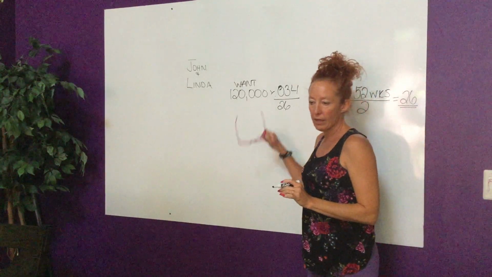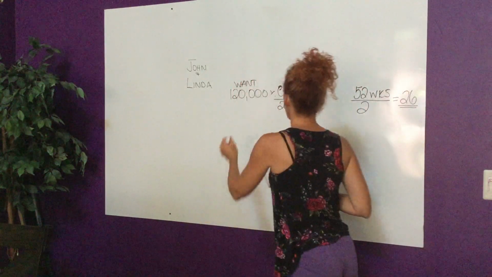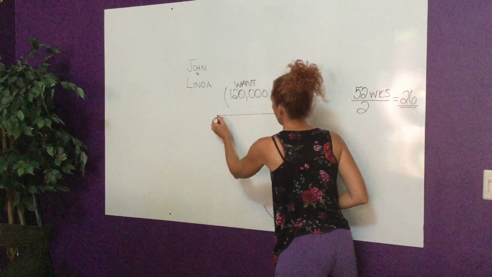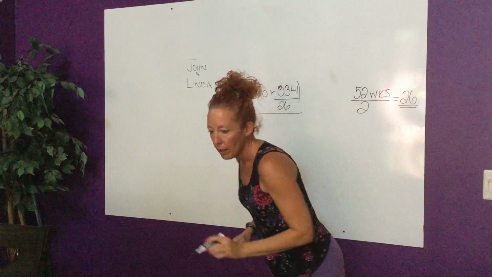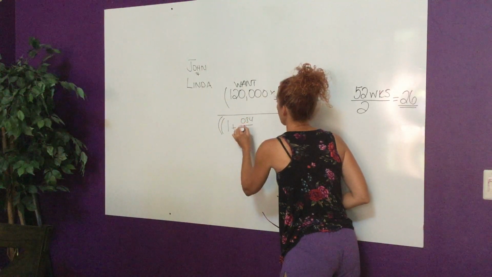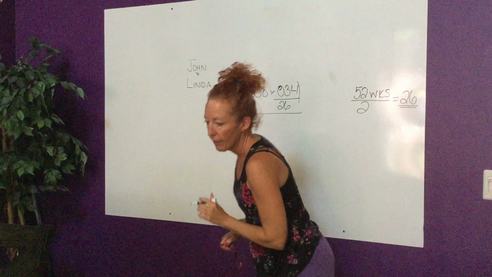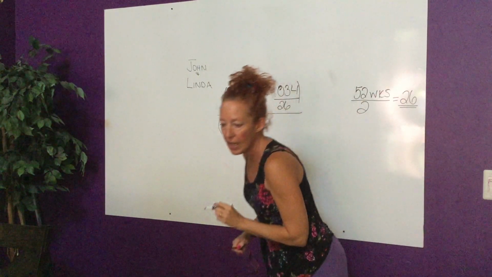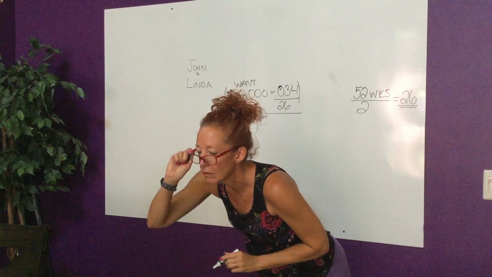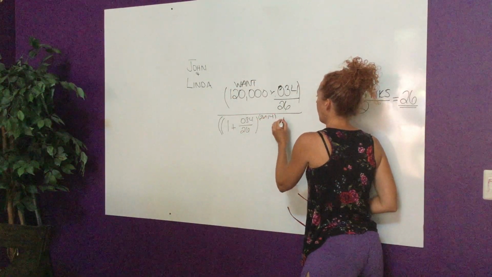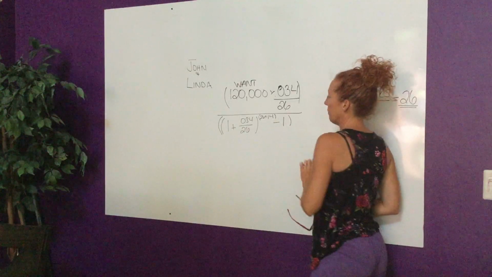So that is where that number is coming from. Divided by, and we double that right here. And so we have 1 plus 0.034 over 26. And then we have the n, and the time is 14 years. And then the 1 here is part of that formula.